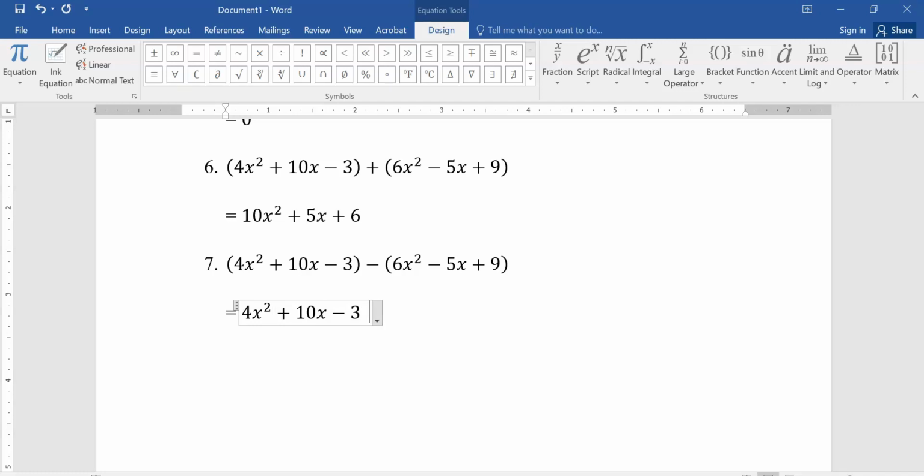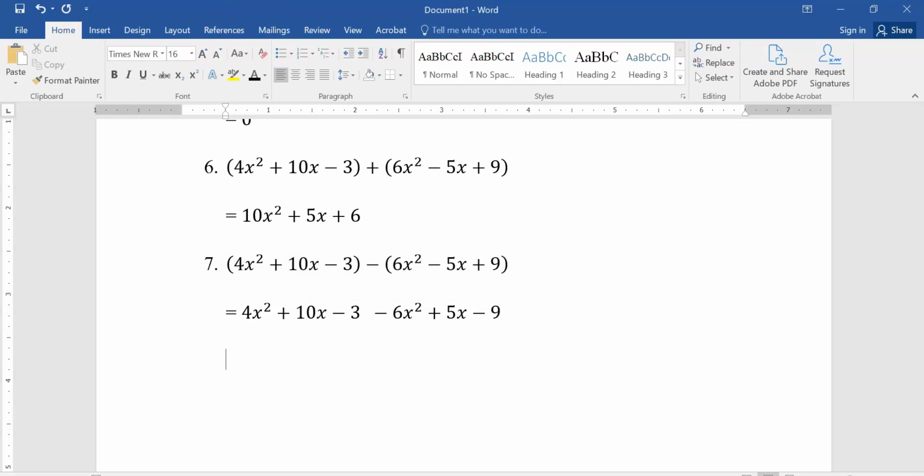And then I like to distribute that minus sign, so you get minus 6x squared. By the way, when you distribute the minus sign into a minus 5x, you get a plus 5x, right? Negative times negative is a positive. And then minus 9 when you distribute your minus sign into that third term there.